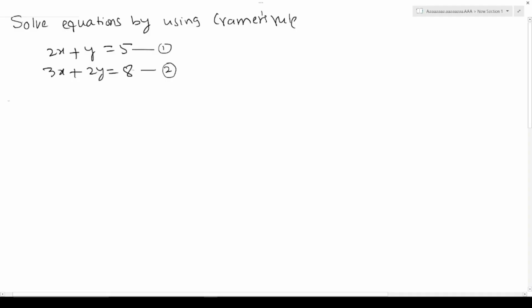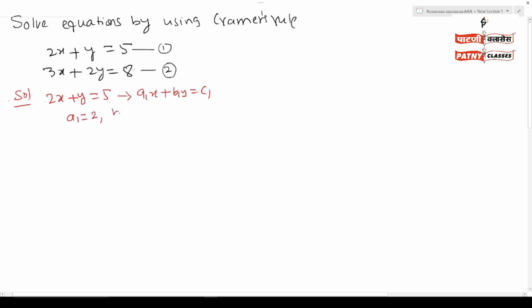Solve the equations by using Cramer's rule: 2x plus y equals 5, 3x plus 2y equals 8. Solution. We have 2x plus y equals 5, comparing with a1x plus b1y equals c1, I get a1 equals 2, b1 equals 1 and c1 equals 5.